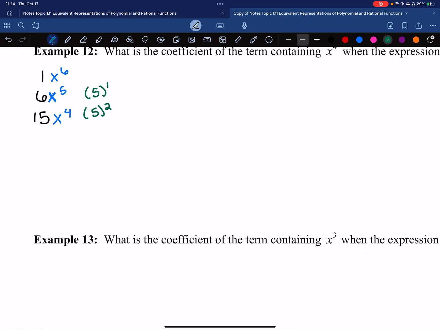And so in your calculator, you can type in 15 times 5 to the second, or 15 times 25. You will not type in the x value or x to the fourth. You're just doing 15 times 5 squared. 15 times 5 squared is 375 x to the fourth.